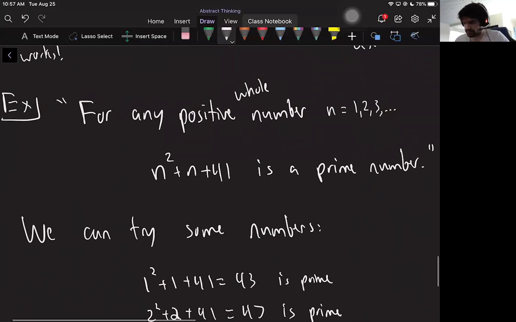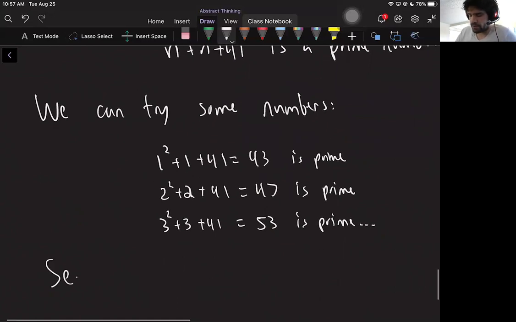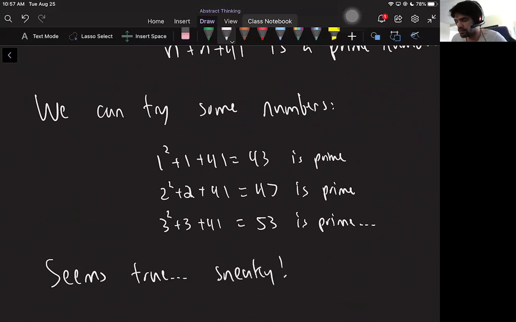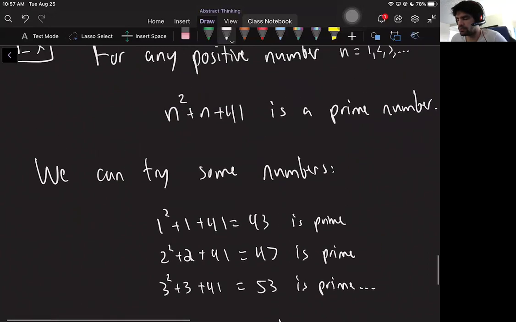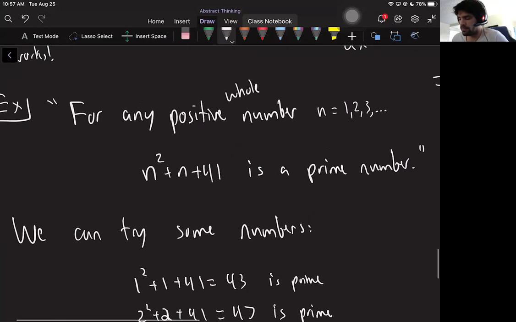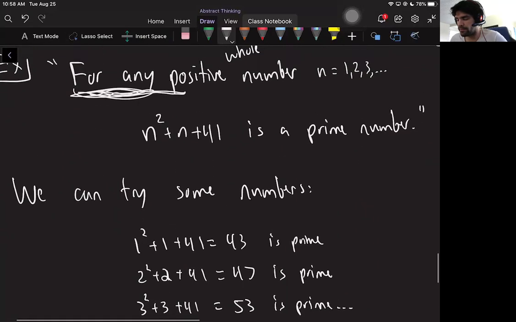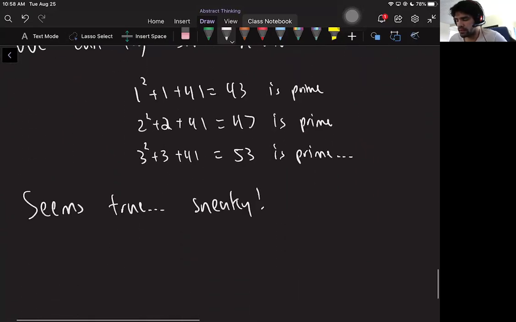But you'd be wrong. This is much sneakier. This displays exactly why trying a couple things is not enough to show that something is always true, if your claim is that it's always true.